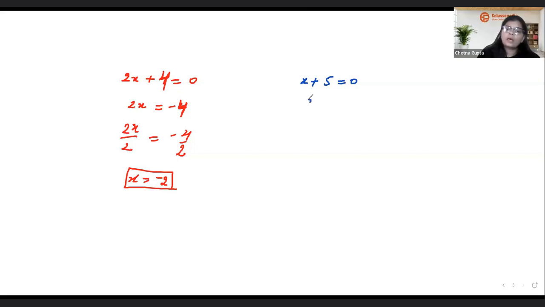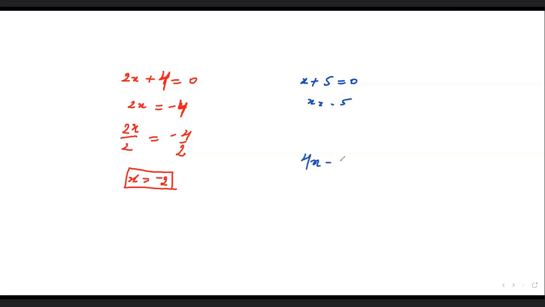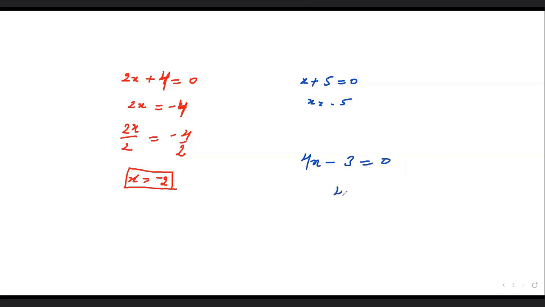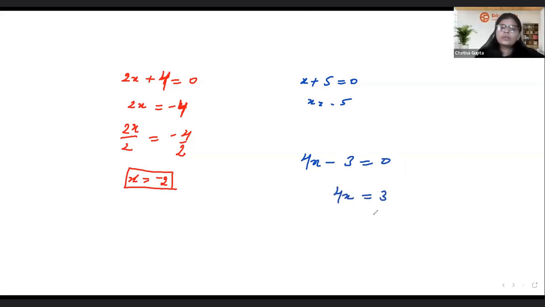Minus 5, yeah. And let's say 4x minus 3 is equal to 0. What is x here? 4x is equal to plus 3. Like 4x is equal to just 3. So what is x?